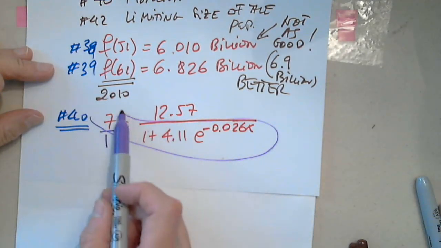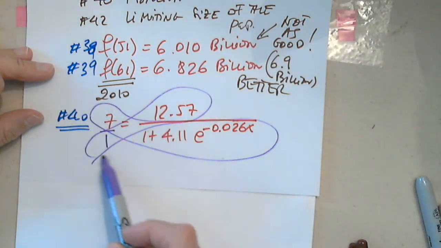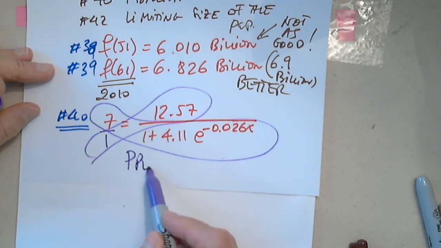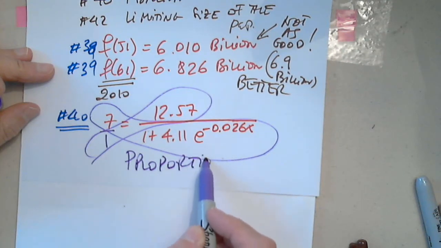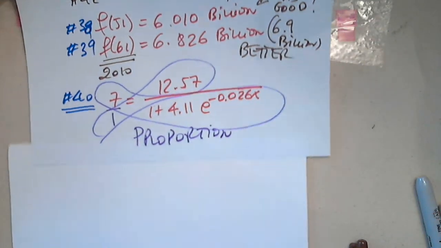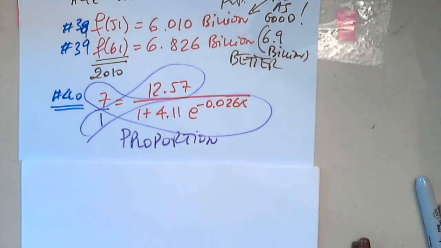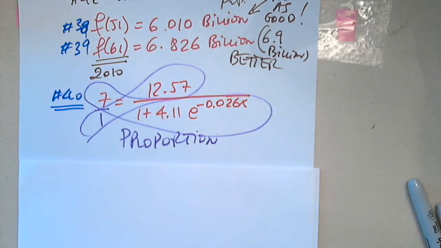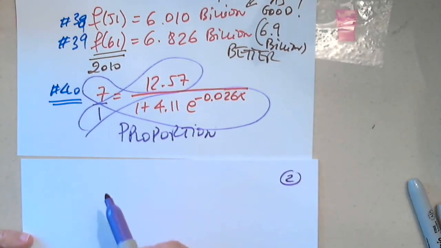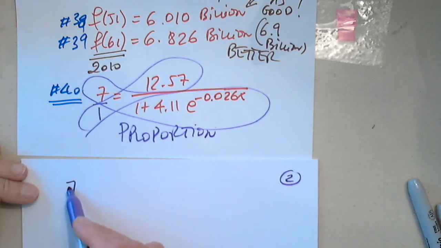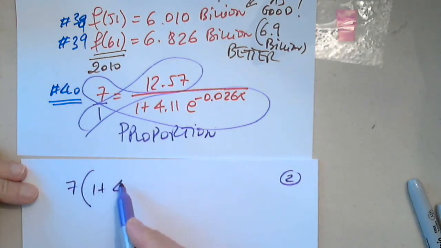So I'm going to cross-multiply, because this is a proportion, and only in a proportion are we allowed to cross-multiply. So, okay, I'm just going to recycle those tired pages. So 7 times all this, do not multiply, leave it alone. Just write it like this.